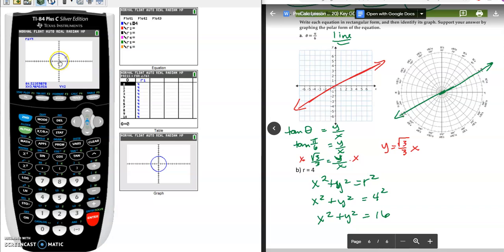If I were to take that particular point on my graph and go from 0, 0 and draw a line through it, that's where my graph would be. I don't think I can draw over this, but that's where it would be if I go from 0, 0 through that point and draw a line through those 2 points. That's where the graph of my line pi over 6 would be. Theta equals pi over 6.